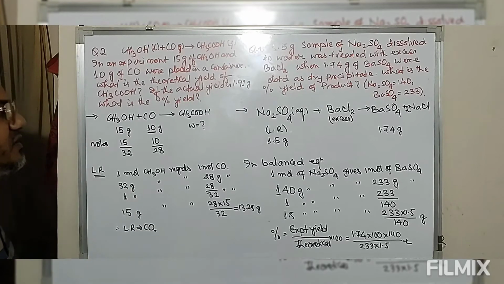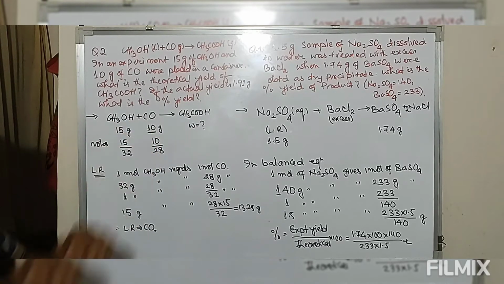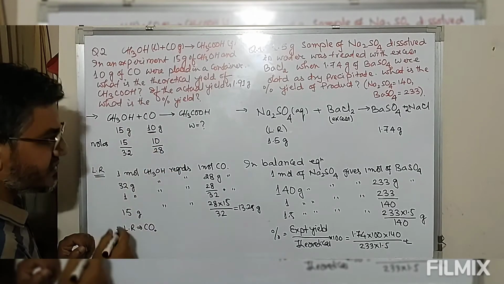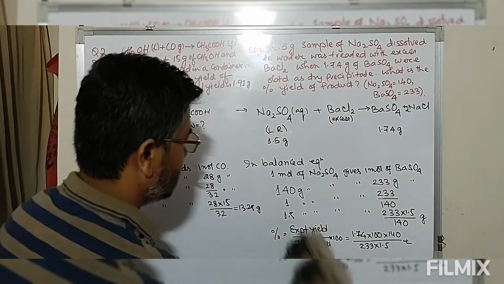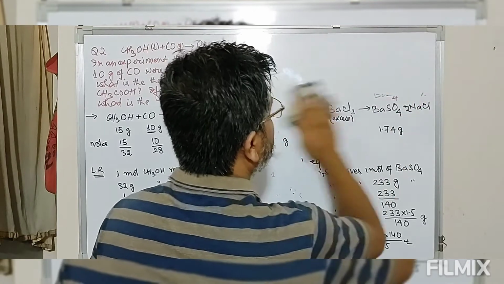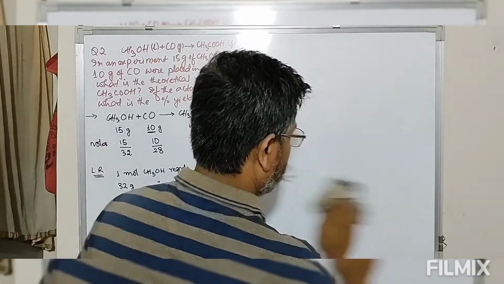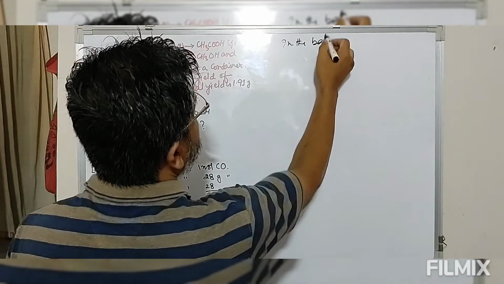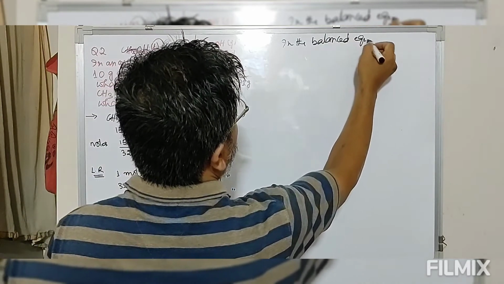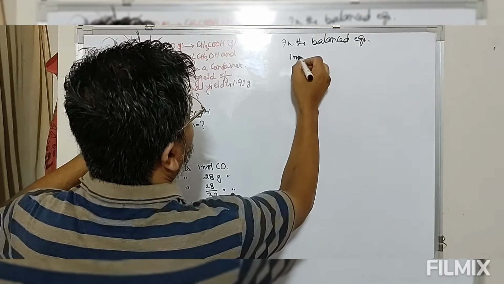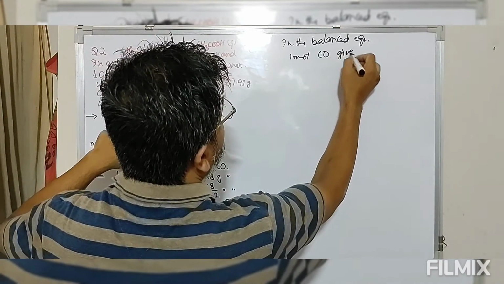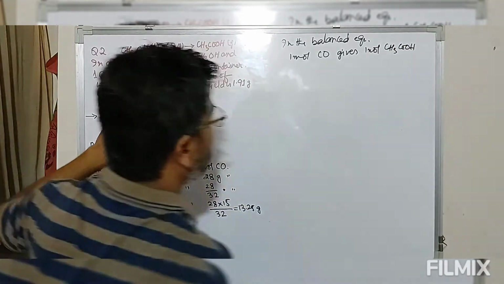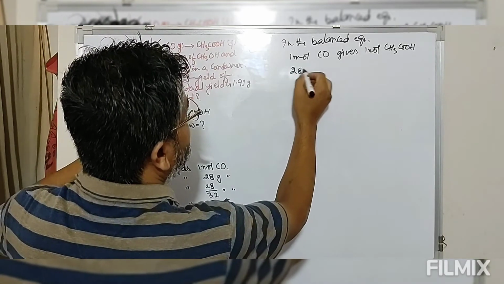Once we have this limiting reagent, we can easily define the mass of the product formed. Again look at the balanced equation: 1 mole carbon monoxide gives 1 mole CH3COOH. So the mass of 1 mole is 28 gram.